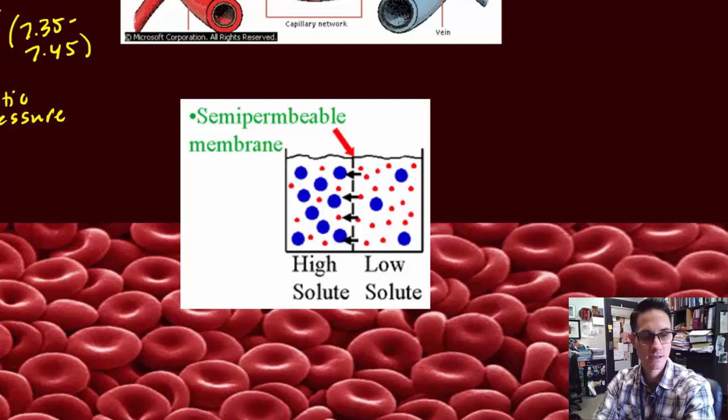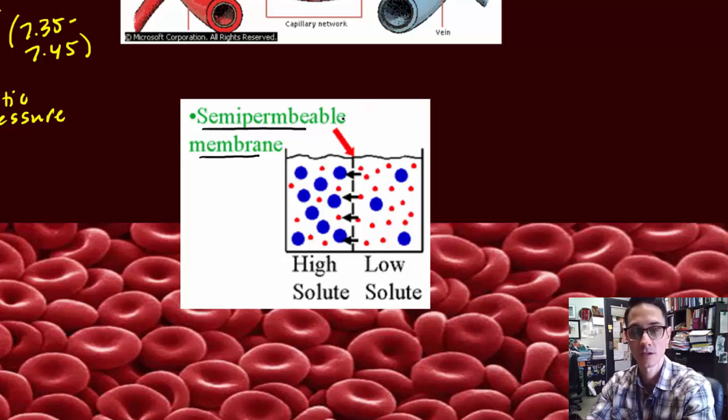In this picture, we have a container that is separated by a semi-permeable membrane. Your blood cells are semi-permeable membranes, including your blood vessels. Your blood vessels are made of cells, and those cells have semi-permeable membranes.